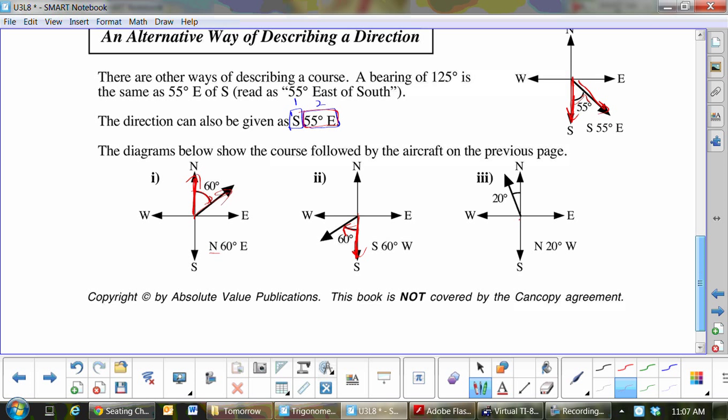Okay, this one is north, and then 20 west. This can also be called 20 west of north. So they do number 2 first, which is another way to be able to do it.